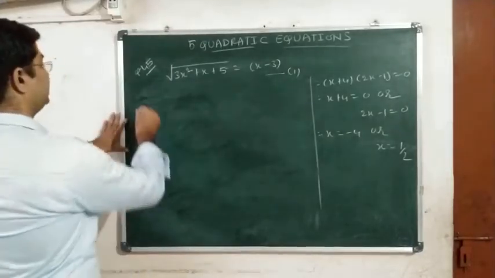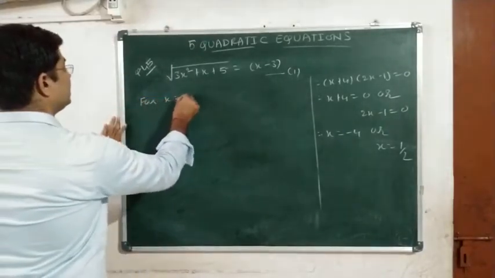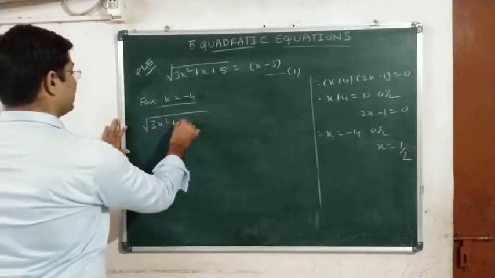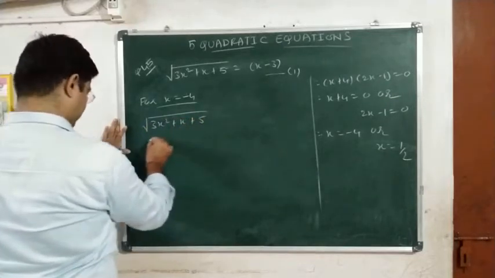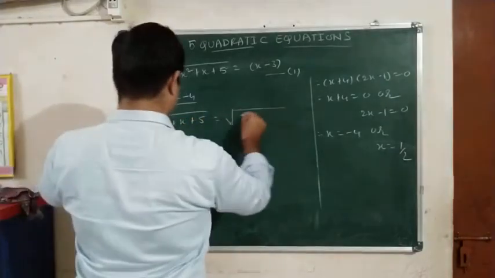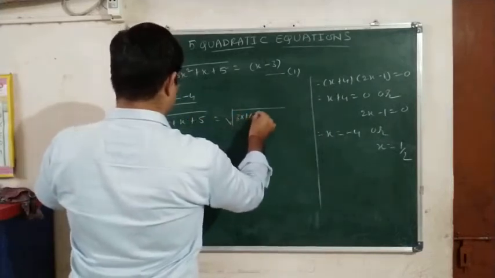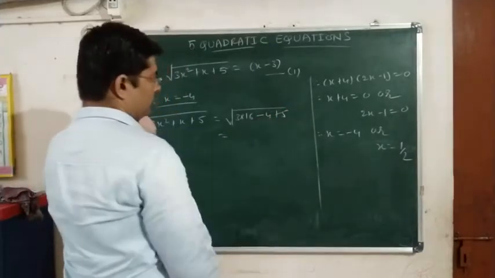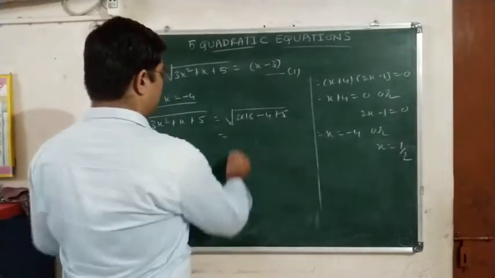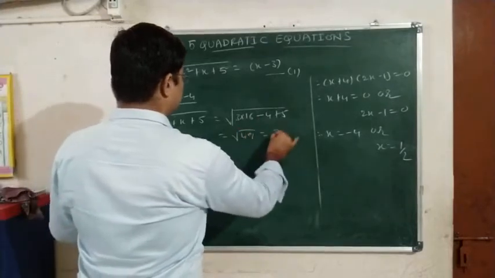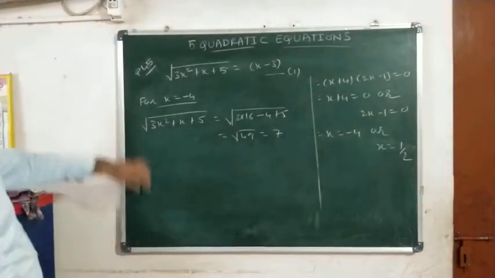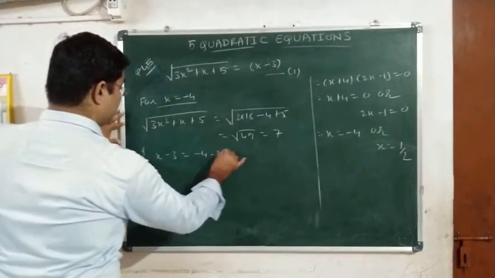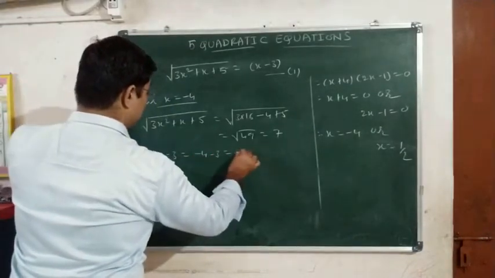Okay, now for x is equal to minus 4, left hand side is 3x square plus x plus 5, is equal to 7 will come, and x minus 3 is minus 4 minus 3 is equal to minus 7.